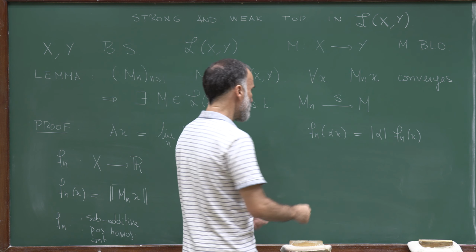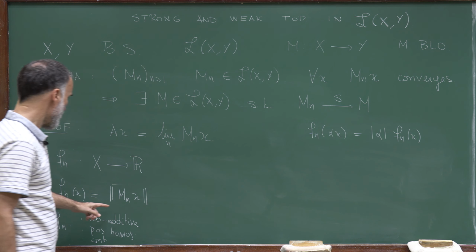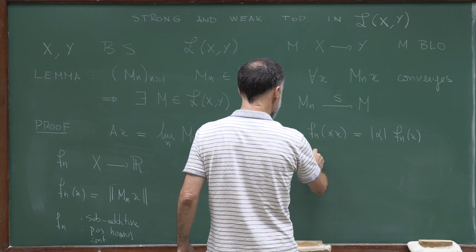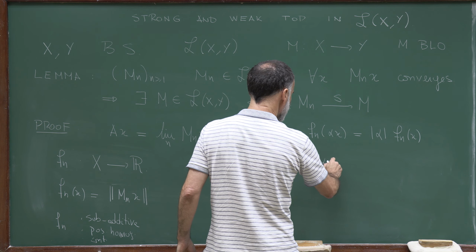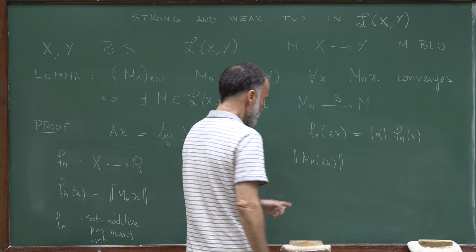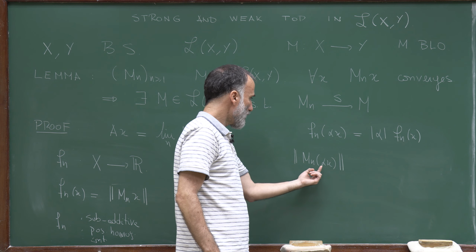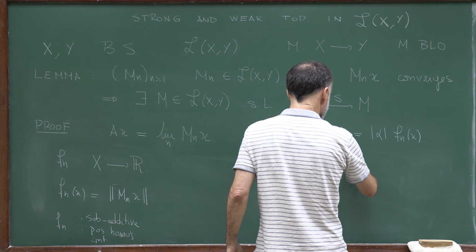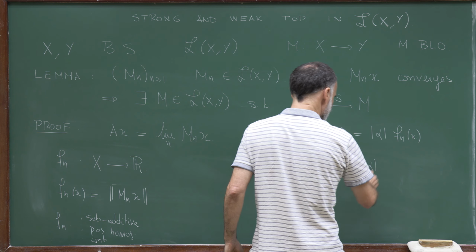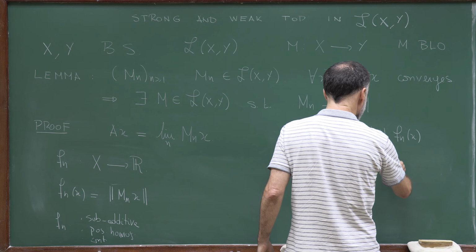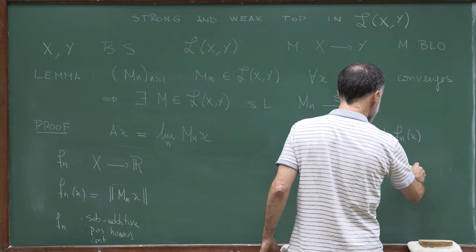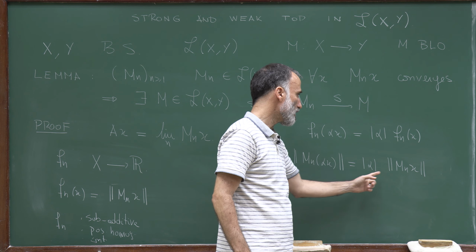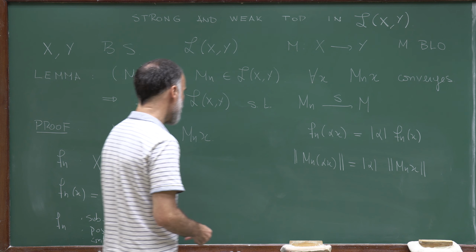But again, by definition, fn(alpha x) is the norm of mn(alpha x). By linearity of mn, this is alpha mn x. By the property of the norm, this is the absolute value of alpha times the norm of mn x, and this is exactly the absolute value of alpha times fn x.